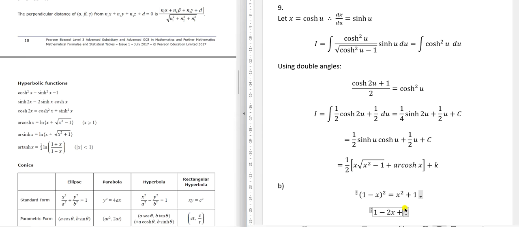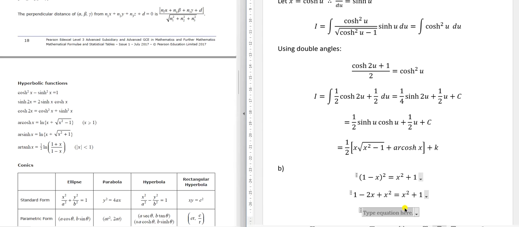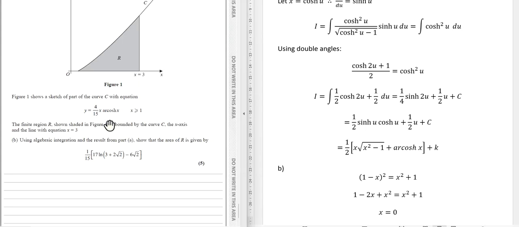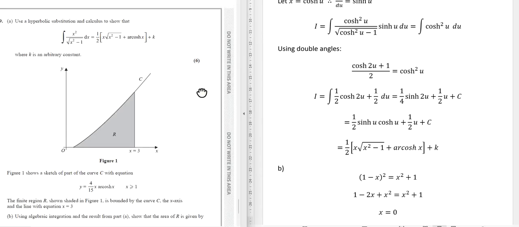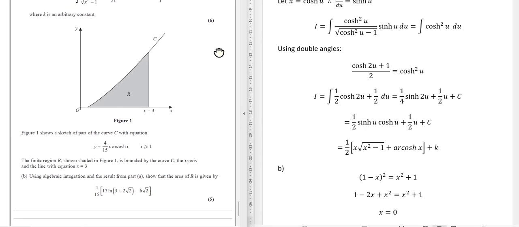It's going to take a little more messing around. We can take away lots of things. It all reduces rather annoyingly down to x equals 0. So arccosh of 0 is 0. We could probably have done that on the calculator too. But it looks like this curve, although they've not drawn it accurately, should cross at 0 on the x-axis.